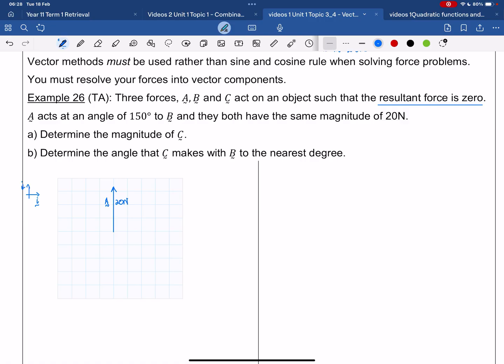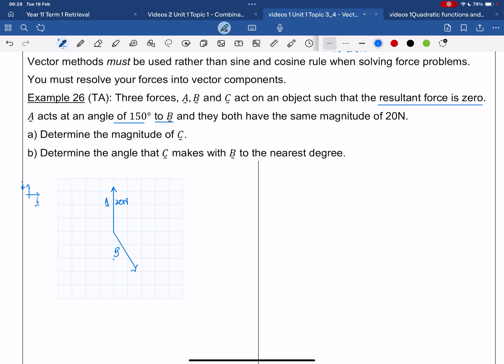All right. Now it says it acts at an angle of 150 degrees to B. So B is acting 150 degrees away from A. So that's around about 150 degrees, and it's the same magnitude as A, so make it about the same size.